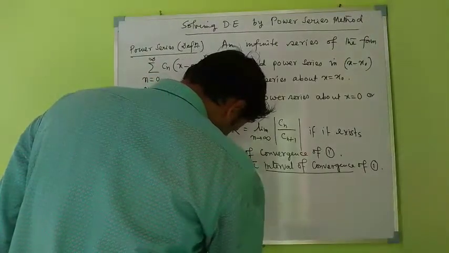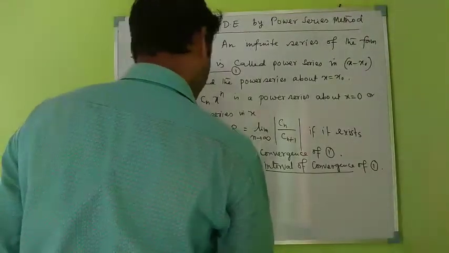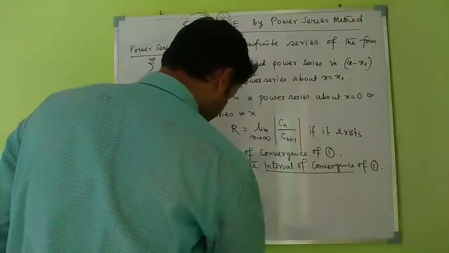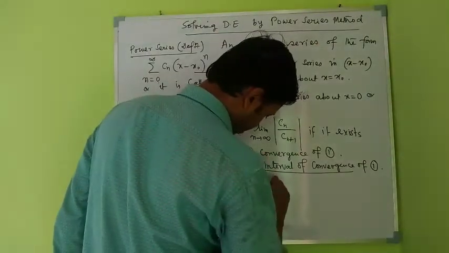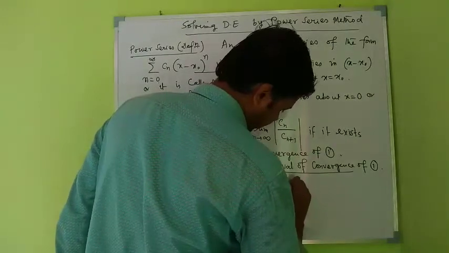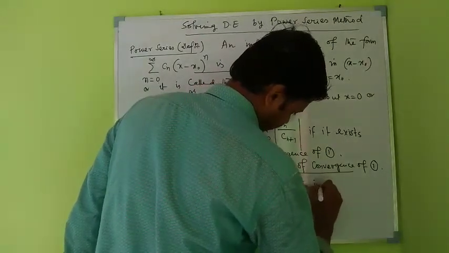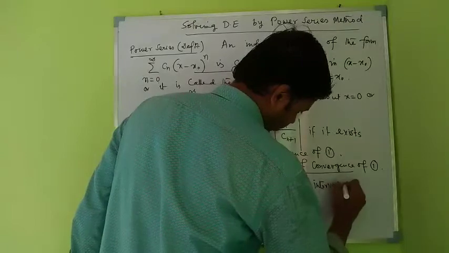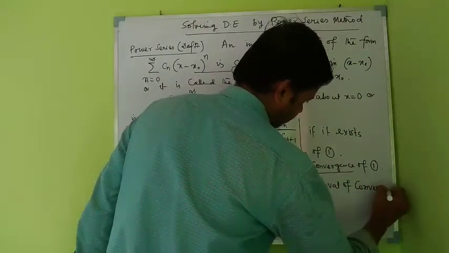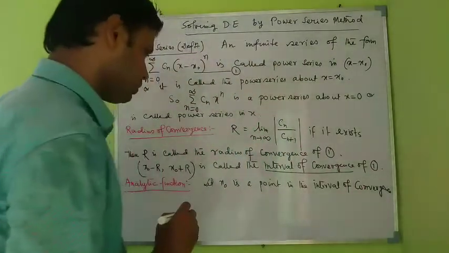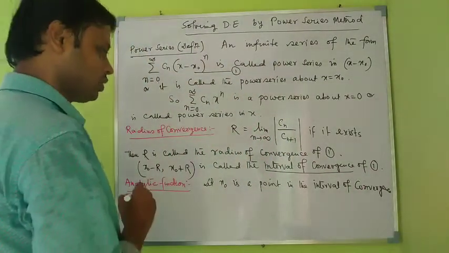Let x naught belong to the interval of convergence. x naught is a point in the interval of convergence.